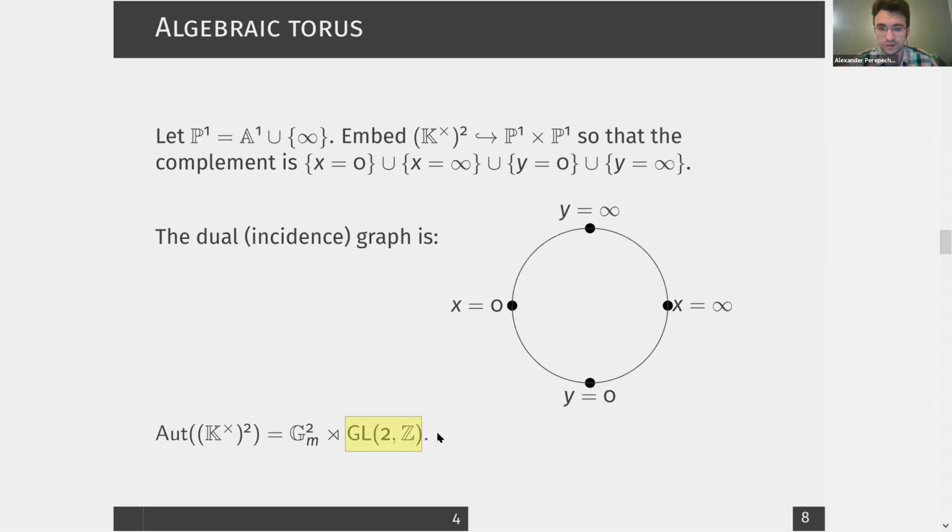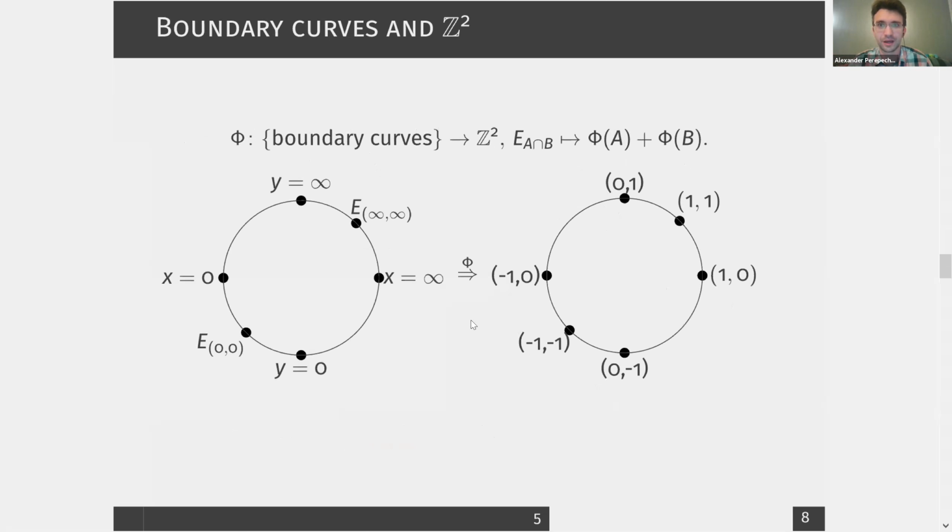So how exactly does this happen? To answer this question, we have to transform our dual graph to create a unit circle. We do it with blow-ups.